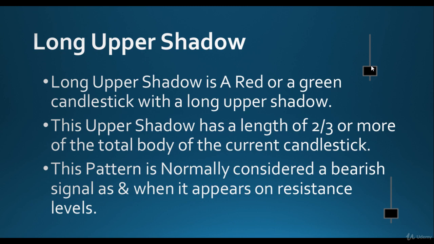And this gives you an idea that okay, there is something going on. It's a bearish signal. And after this candle, you can pick the other candles to understand how strong the bearish trend is. Now we will look at long upper shadow on chart so that you can understand how it looks in the real market.